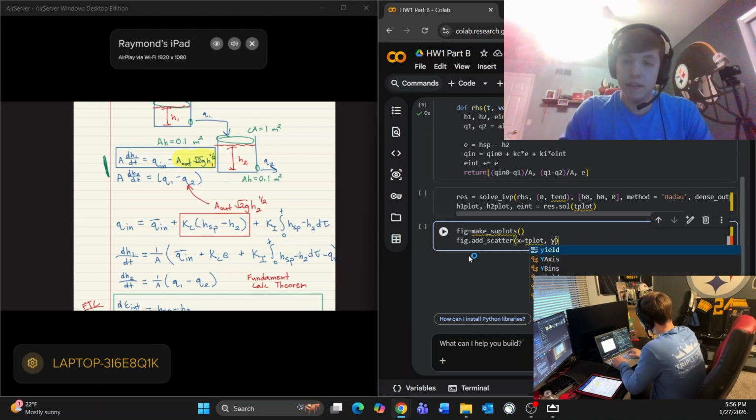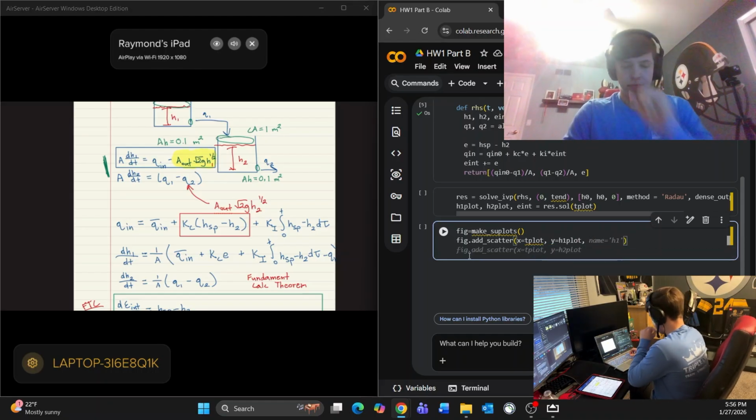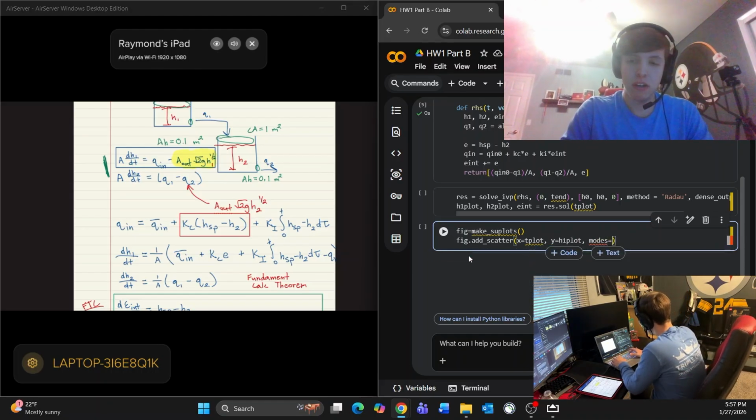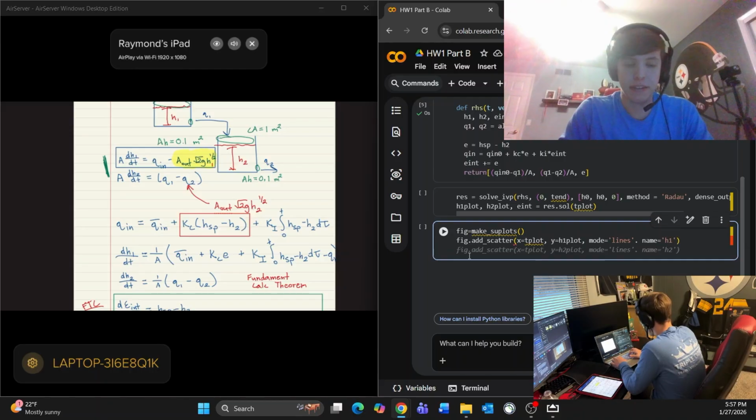Our y is going to be equal to h1 plot. The mode is going to still remain as lines. And the name will equal h1, just to identify our height plots.